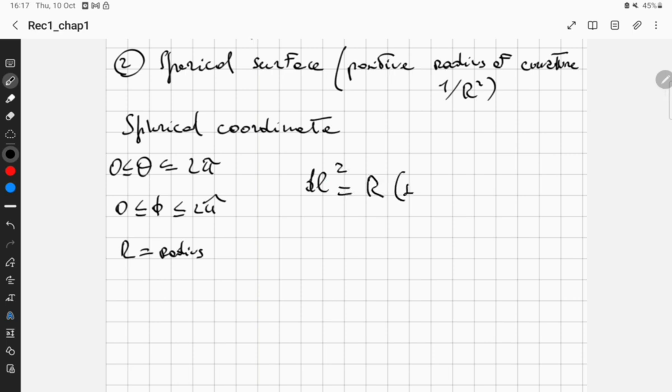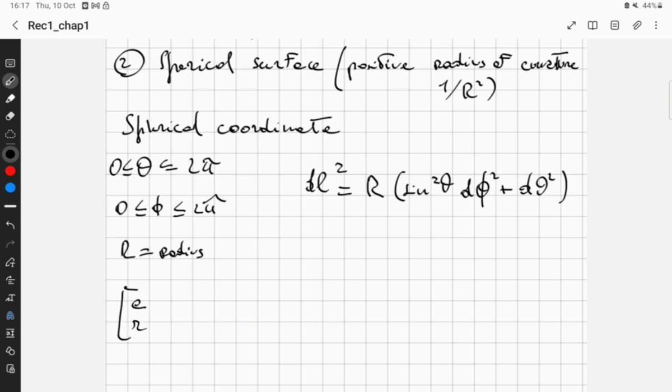So we have dl square equal r square times sin square theta d phi square plus d theta square.